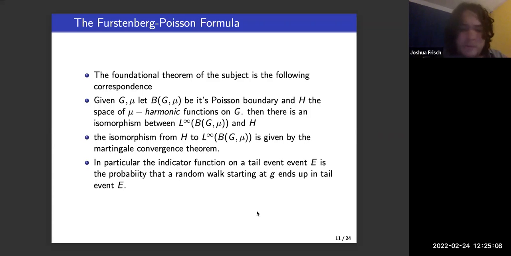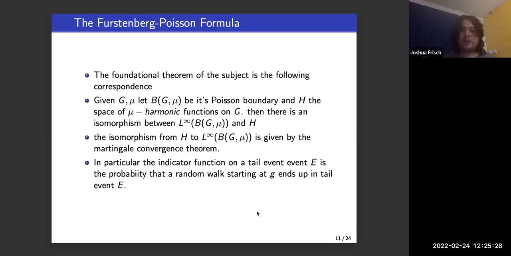And what I do is I ask for the probability that if I start a random walk at G, I end up in this tail event E. It's pretty easy to immediately check that this is harmonic.